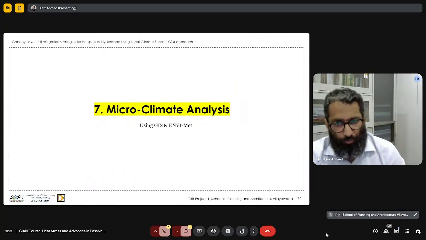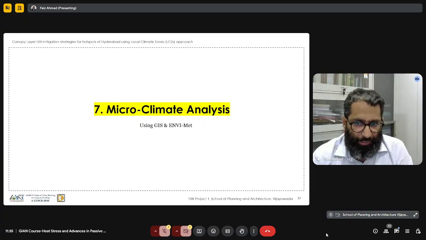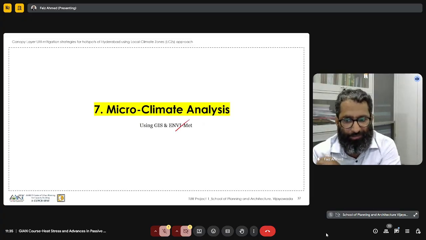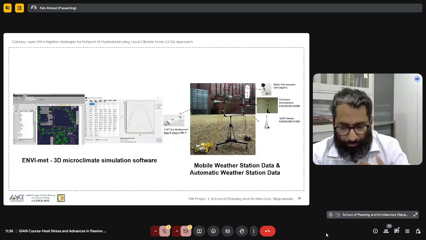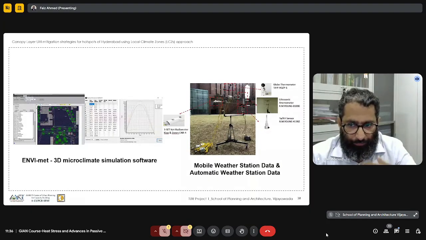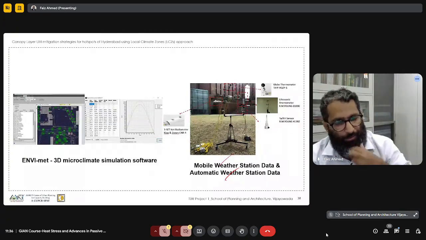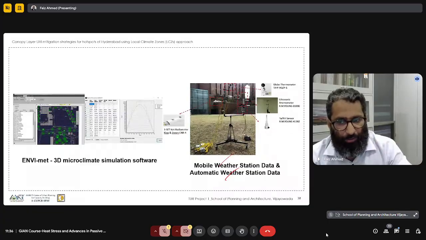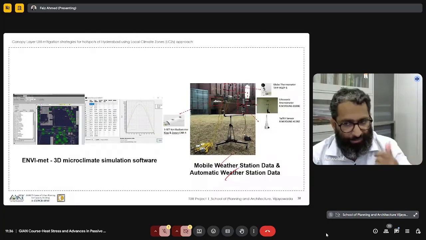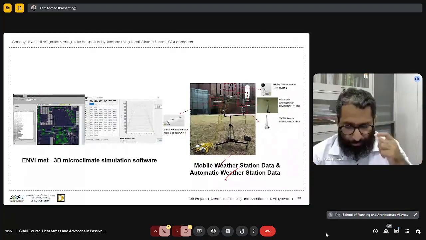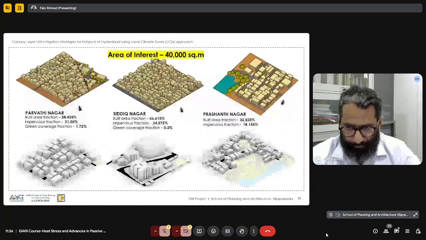So what we did, we used environment simulation for all this modeling, and we also took our mobile weather stations to collect primary data, and of course we used extensive data from the local automatic weather stations, across the 155 weather stations the Hyderabad city has.